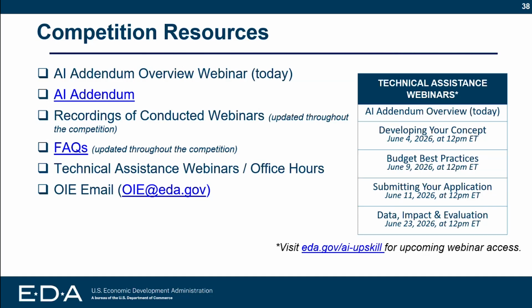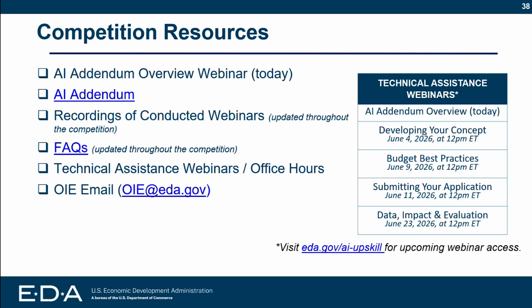Can you please confirm and guide me to the full application timeline? Carla, remind me of the specific day of the deadline. It is July 10th at 4:59 p.m. Eastern Standard Time. It is posted within the AI addendum. As I mentioned at the top of the webinar, the AI addendum is part of a larger notice of funding opportunity, the Public Works Economic Adjustment Assistance Program.